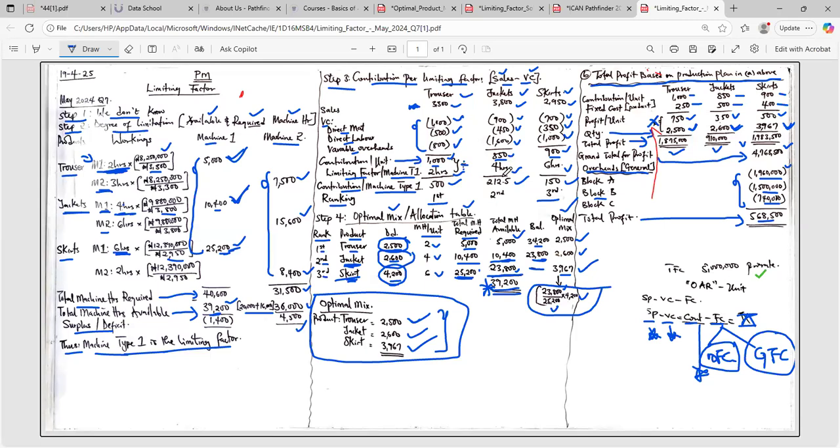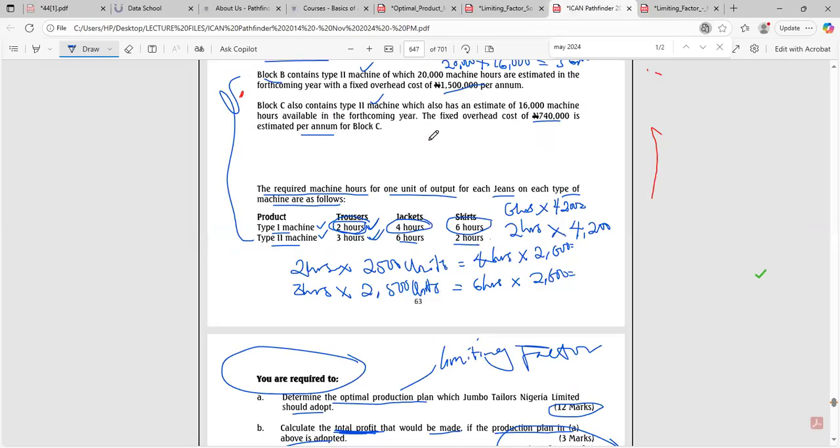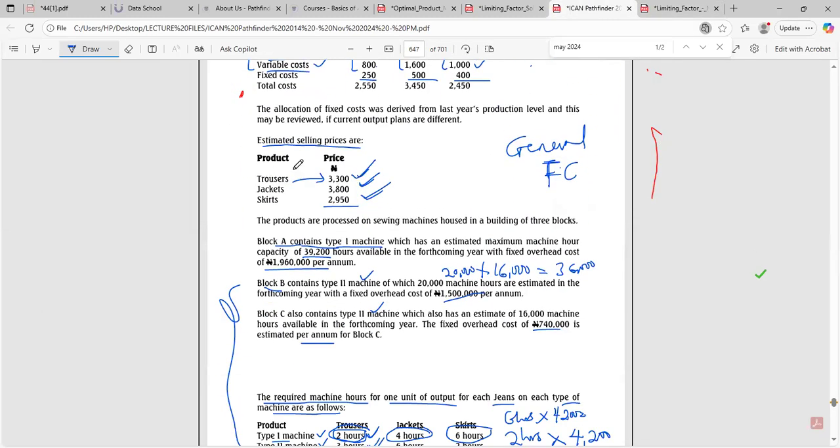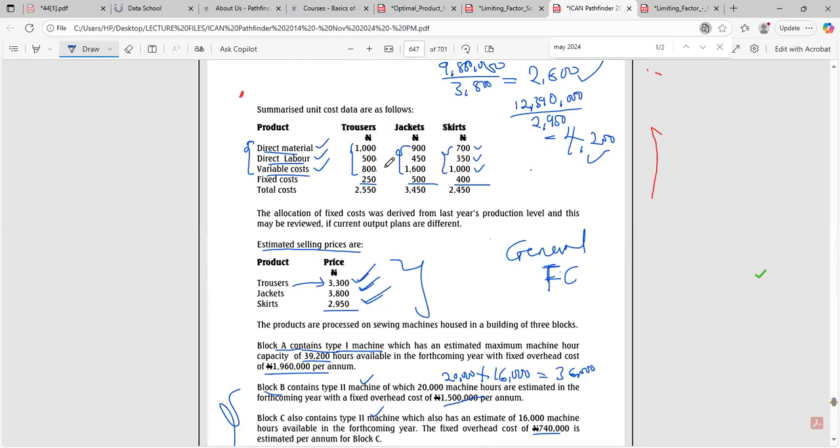Don't use total. Once you find a total, you should do a working and bring it back to units. Look at it now: your selling price was given to you per unit, and your variable cost was also given to you per unit. But if they give you in total, just divide it by quantity to get per unit. It's easier. Yes, that's exactly what that working is. All right, thank you.